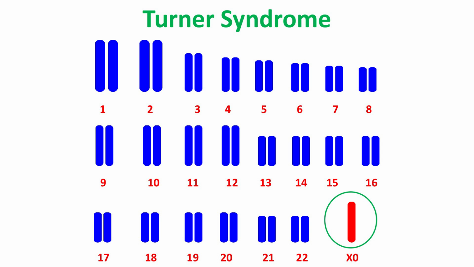Normal female has 2 X chromosomes, Turner syndrome has 1 X chromosome. Hence, the genotype of the female suffering from Turner syndrome is represented as 44 plus X0. You see on the slide, on the 23rd pair, only 1 X chromosome is there, another X chromosome is missing.